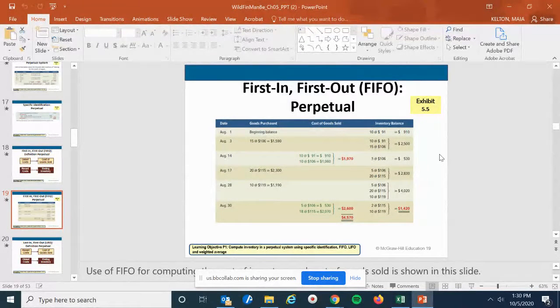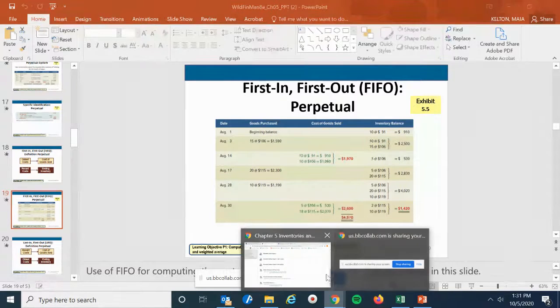So remember that this is FIFO, first in, first out. Cost of goods sold is based on the oldest costs. In this case, the oldest costs happen to be the lowest. So if cost of goods sold is based on the oldest costs, which happen to be the lowest, then the cost of goods sold on the income statement will be the lowest and profitability will be the highest.